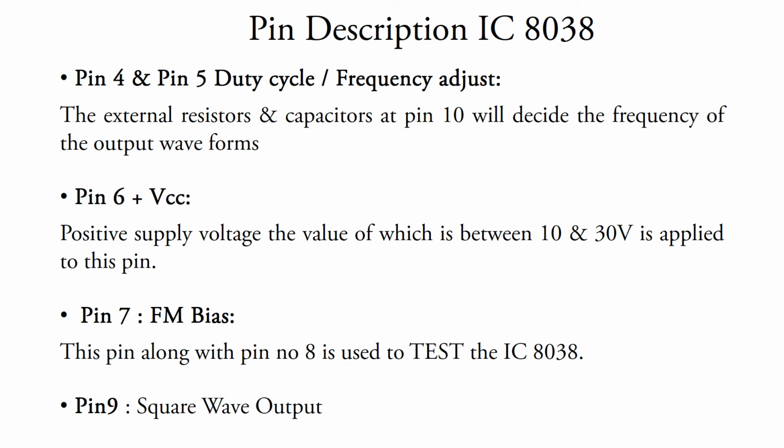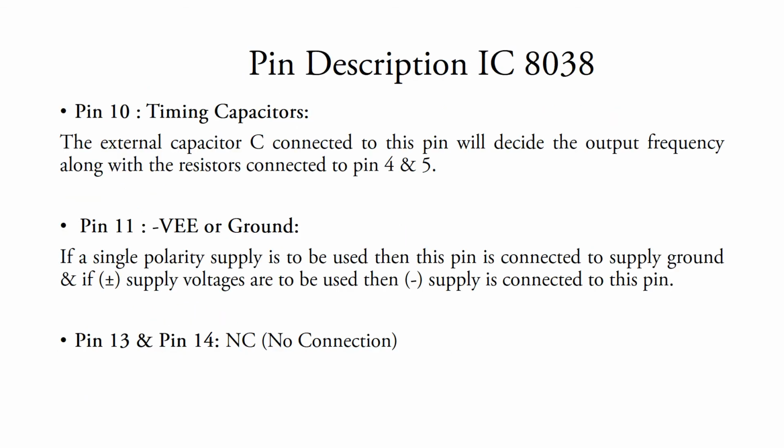Pin 9 is square wave output. Pin 10, the timing capacitor connected to this pin, will decide the output frequency along with the resistors connected to pins 4 and 5. Pin 11 is for ground or negative supply. If a single polarity supply is used, this pin is connected to supply ground. If dual supply voltage is used, then the negative supply is connected to this pin. Pin 13 and 14 are no connection.